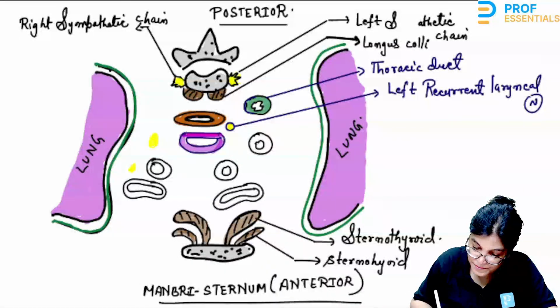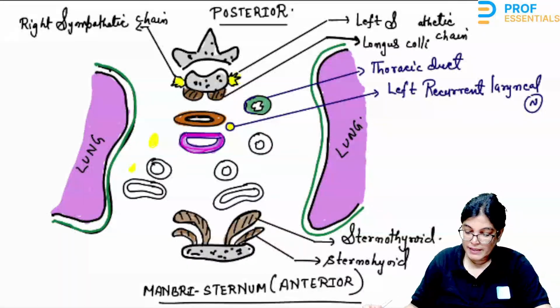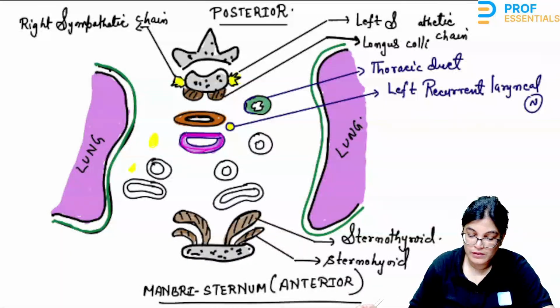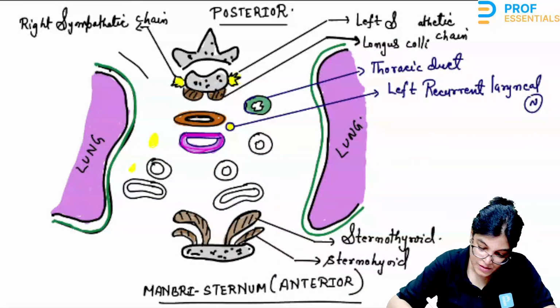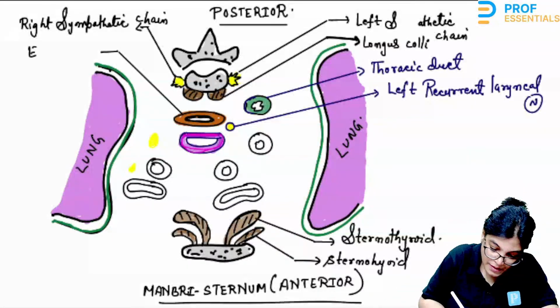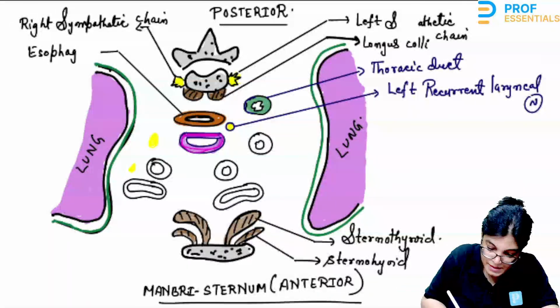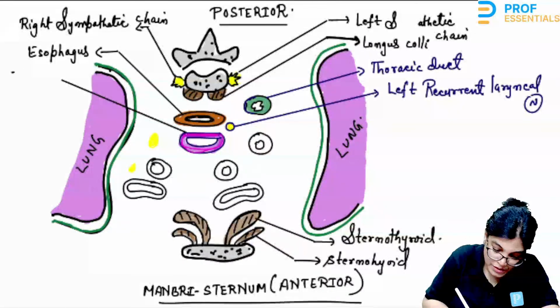This is the trachea. So we can just make the esophagus here. This is the esophagus lying on the posterior aspect. Anterior to the esophagus, we have got the trachea.